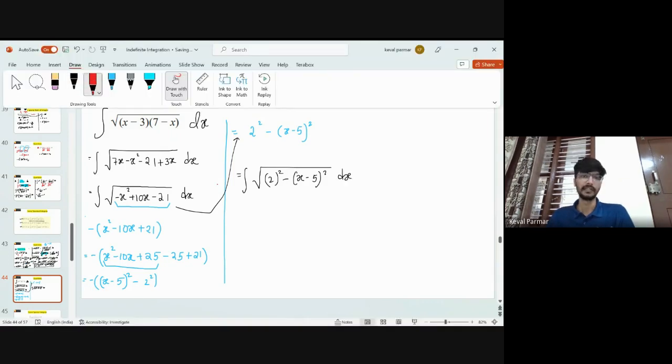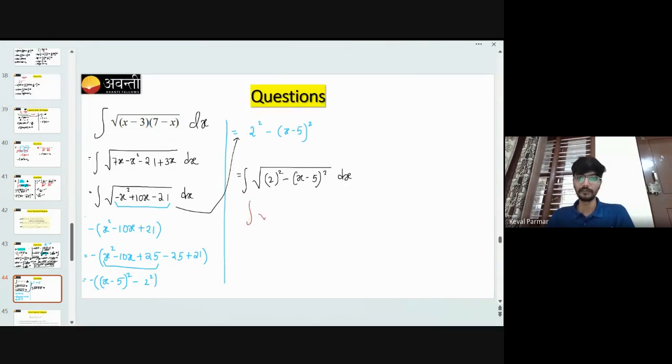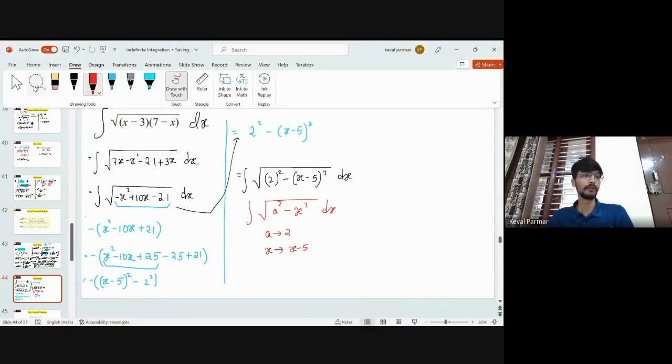I hope it is clear. Now this looks like integration of under root of a square minus x square dx, where in place of a we have 2 and in place of x we have x minus 5. Do you remember the formula?